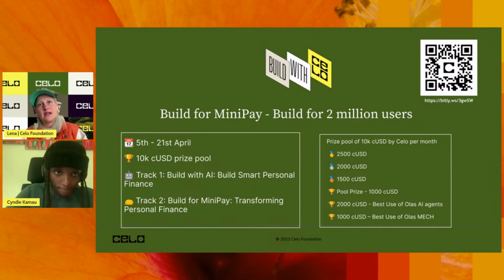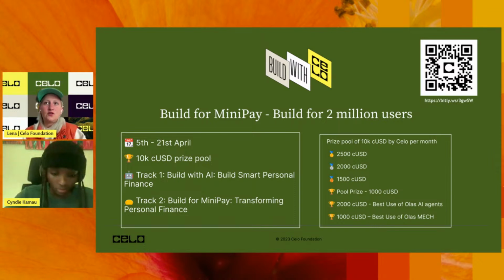So the first track is Built with AI, Build Smart Personal Finance. And the second one is Built for MiniPay. Everybody can apply for both of these tracks. You can also just apply for one of these tracks. But of course, we would love for you to build for MiniPay and also understand how to integrate AI into your project. On the right side, you can see all the prizes.